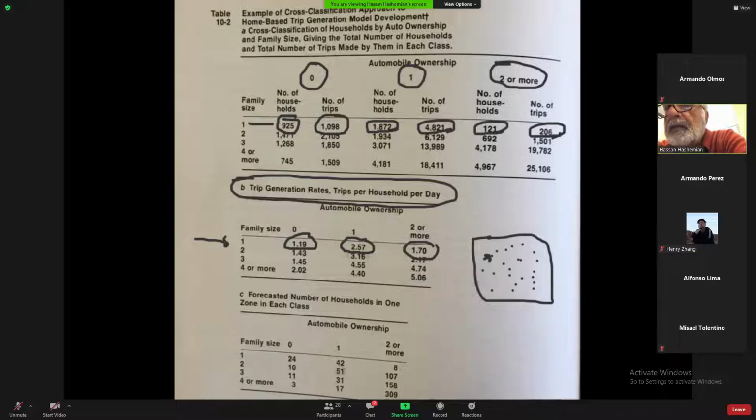No. So if your car needs gas, right, you'll go out and put gas on it. That's one trip. Yeah, but that's not reducing your number of trips. Look at the data, see if you can recognize why.